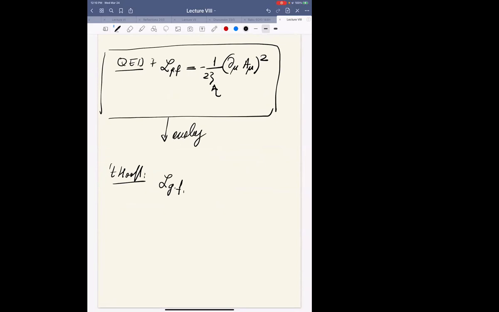So I will add a gauge fixing term, and I don't know whether we put a plus or minus sign. Who remembers? It's just a convention. I don't remember what I wrote originally. So why don't I just take the plus sign?